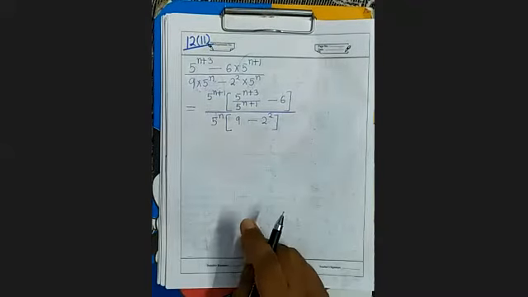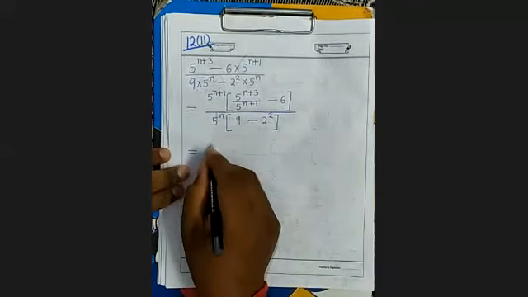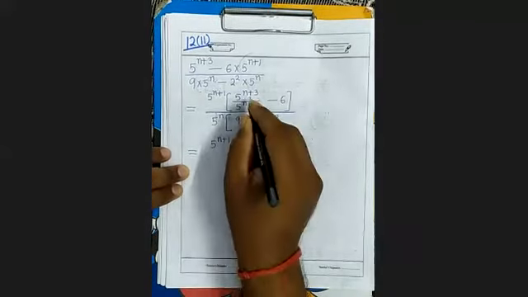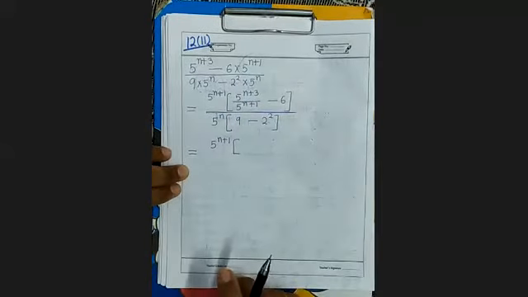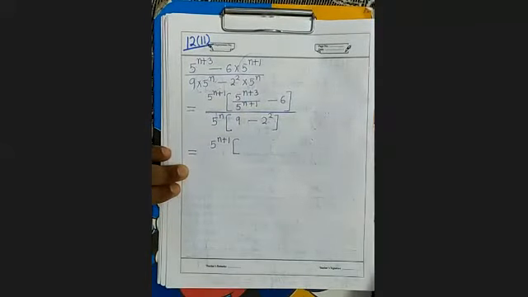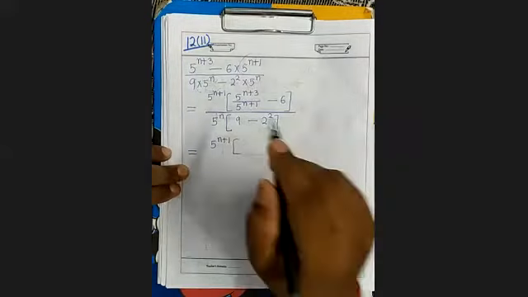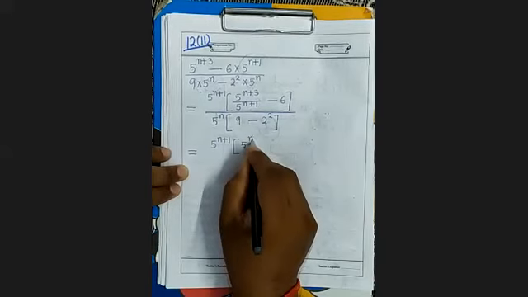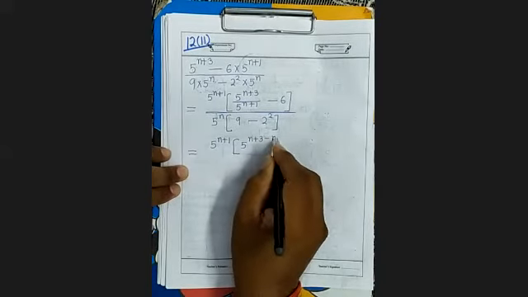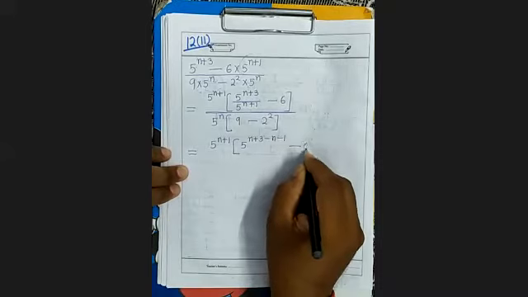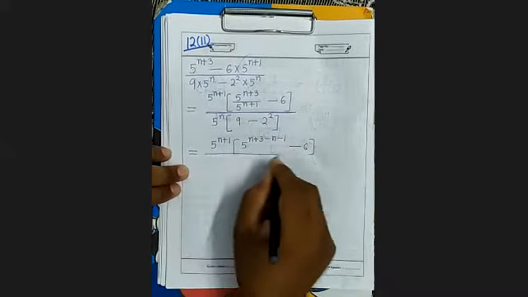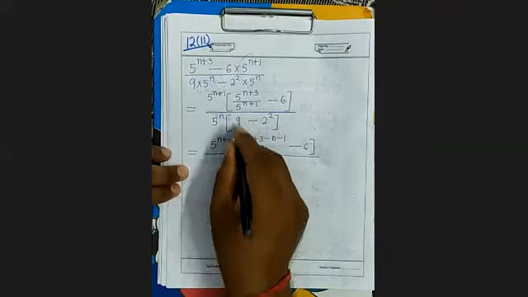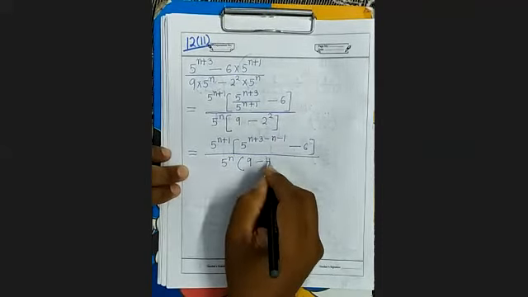Now simplify. On simplifying, here quotient rule will apply. When you will apply the quotient rule, what will you get? Subtract the lower power from the upper power: n plus 3 minus n minus 1 minus 6 and here 5 to the power n and this is 9 minus 4.